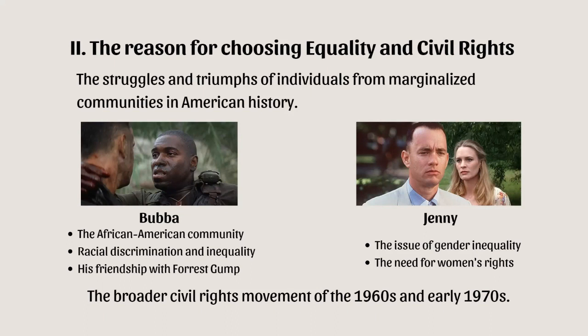This inclusion of real-life events underscores the significance of equal rights and the importance of standing up for what is just and fair. By addressing these issues, the film encourages viewers to reflect on the importance of creating a more inclusive and equitable society. The next part is the concept.